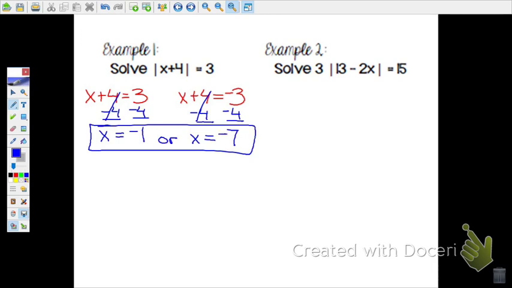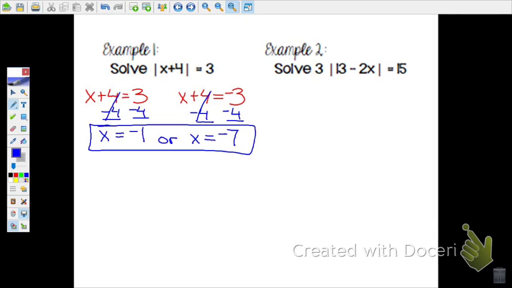So there I caught my mistake, because when I wanted to put a positive 7 in, 7 plus 4 would give me 11. So I looked because I knew I made a mistake. Negative 7 plus 4 is negative 3. Absolute value of negative 3 is a positive 3. So again, by checking your work, you can catch those little mistakes, like a negative sign that I made.